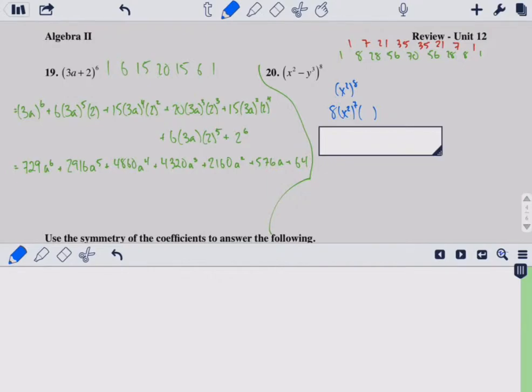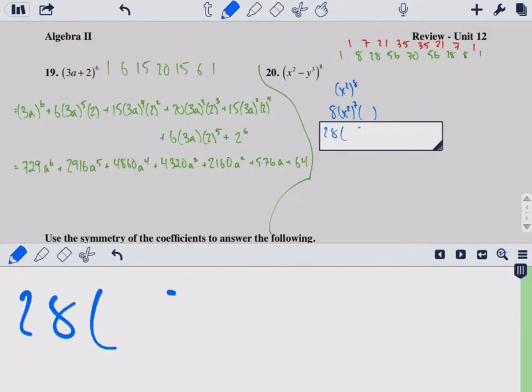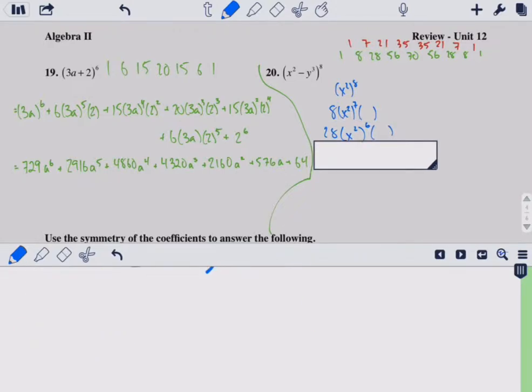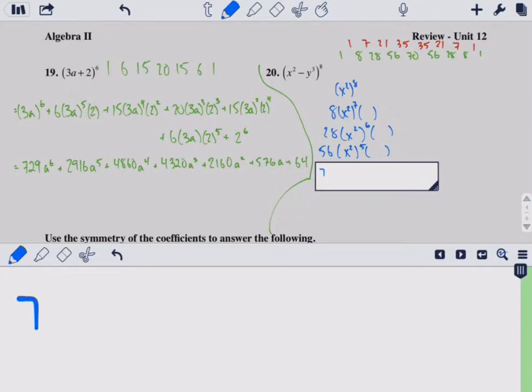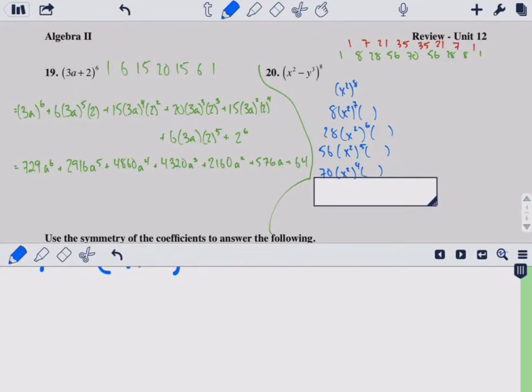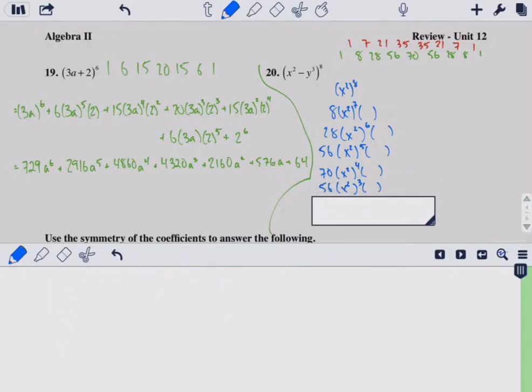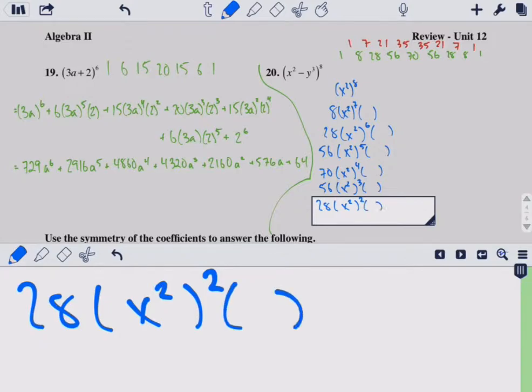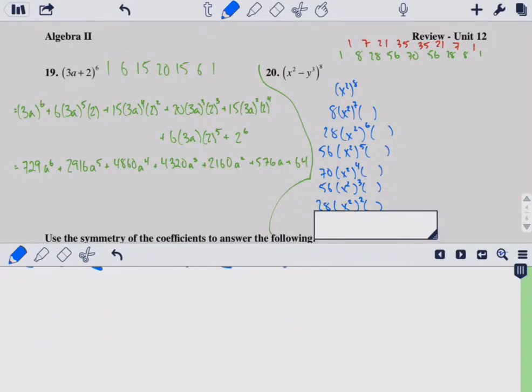And we'll do 28x squared to the 6th, 56x squared to the 5th, 70x squared to the 4th, 56x squared cubed, 28x squared squared, 8x squared.